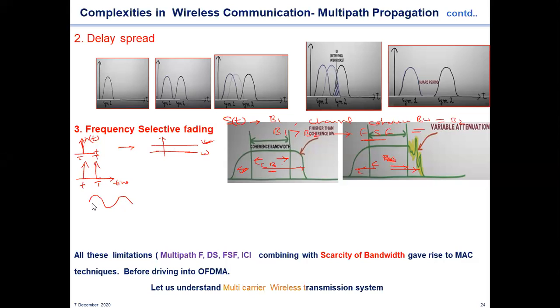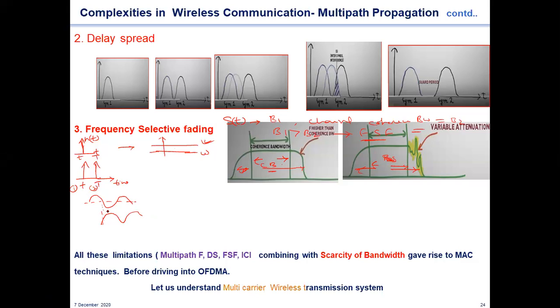But in the case of these symbols, suppose the first symbol is like this, and the second symbol is like this. The second one arrives at the receiver with this delay T. Suppose it arrives with a delay of pi.